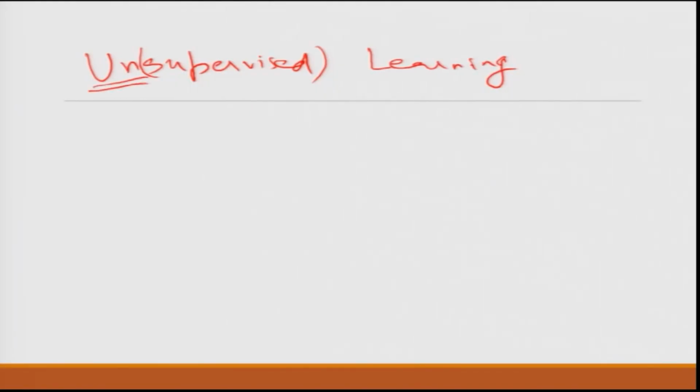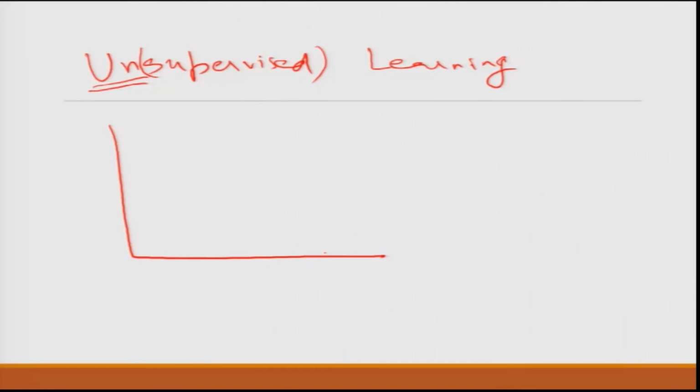Now with unsupervised, you are not looking at a target, there is no goal, but you still want to understand the data. Let me give a very intuitive example, because often people fail to understand what unsupervised learning is. In fact, unsupervised learning is the most common way that you learn in life.